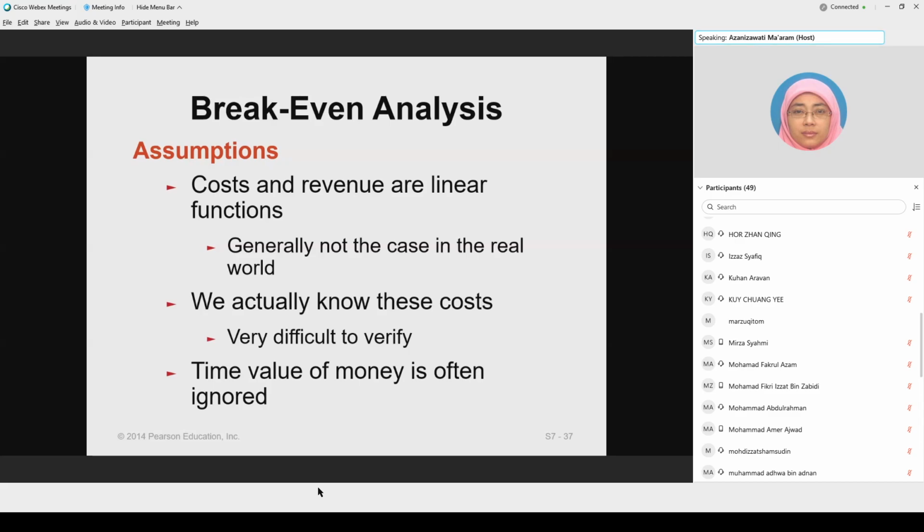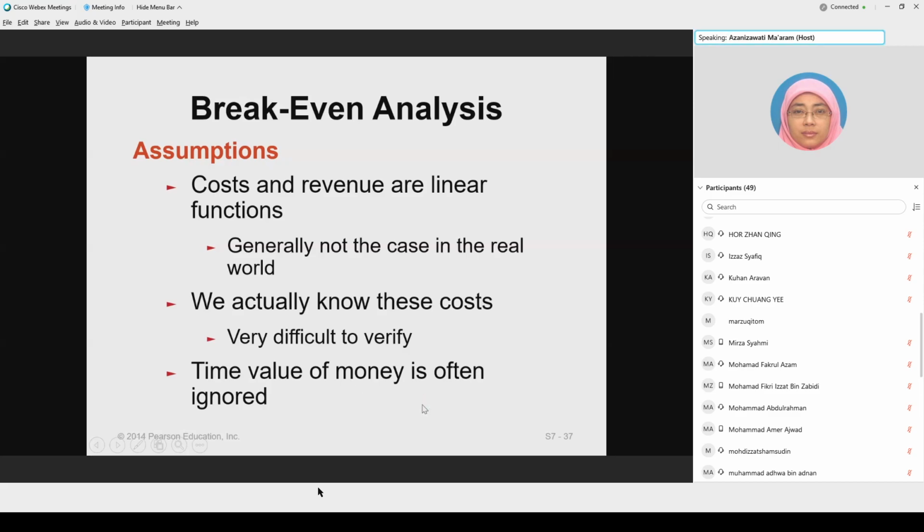We actually know these costs. So in this case, we have to know the fixed cost and the variable cost. But in real life, it is actually difficult to calculate clearly the variable cost and fixed cost. But we can estimate. From this break-even analysis, we can estimate all the costs. Another assumption is that time value of money is often ignored.